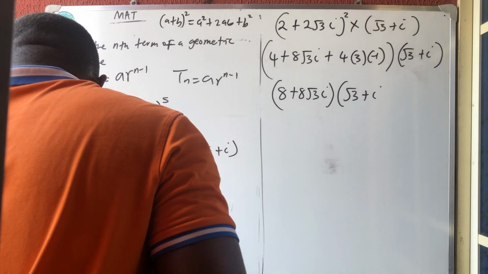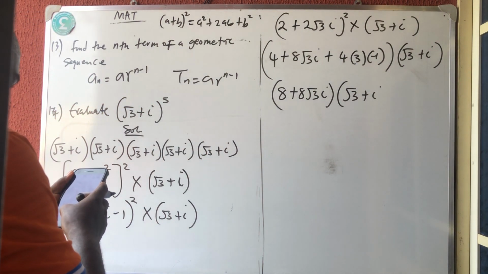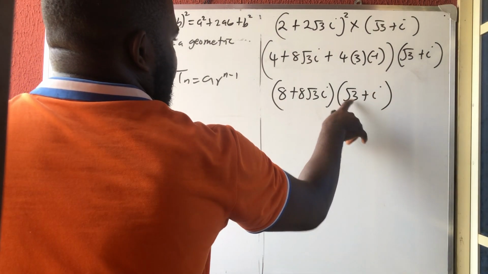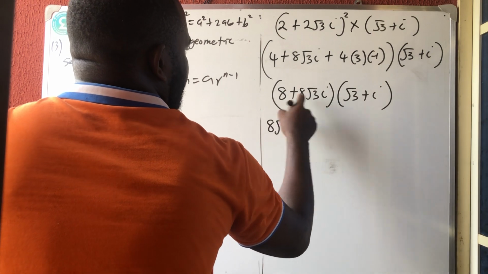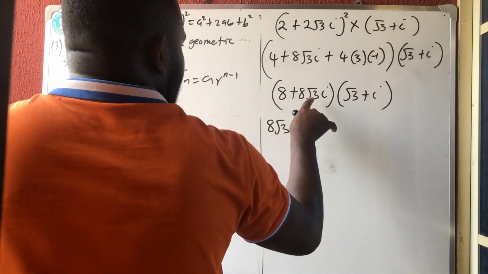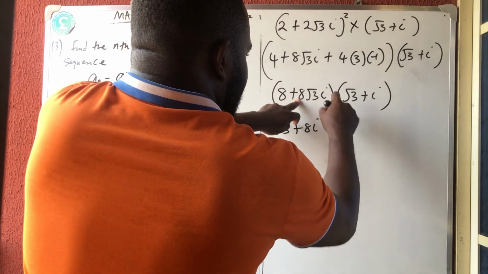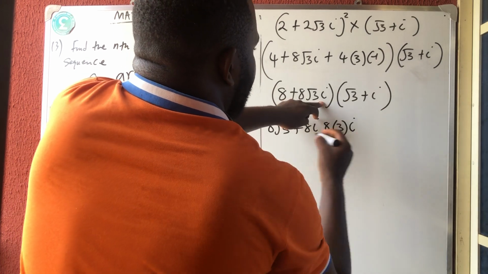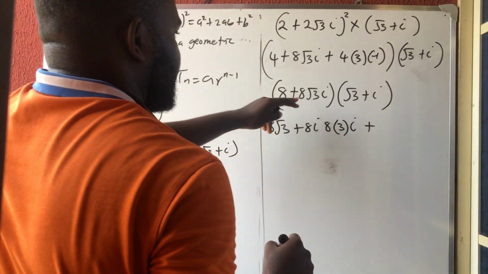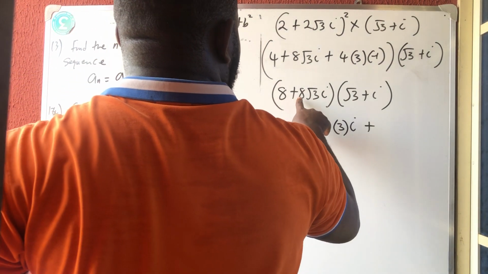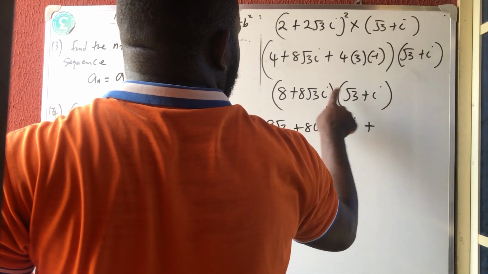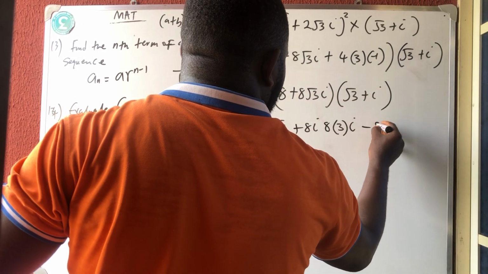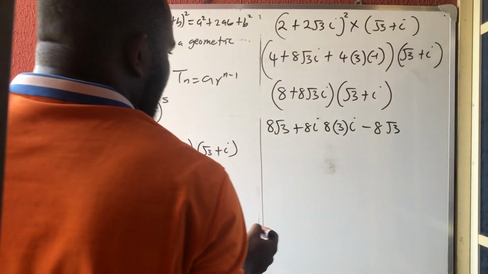So that is question number 13. What do I have now? I'm left with 8 times this, which will give you 8 root 3. 8 times this will give you 8i. This time this will give you 8 times 1, 8, and root 3 times root 3 is just 3, putting my i, then plus 8. 8 times this is giving me minus, not plus, because i times i is minus 1, so minus 8 root 3.